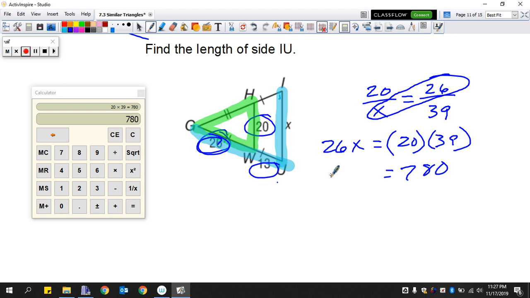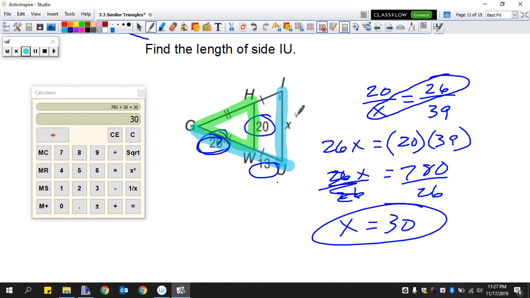And we have 26x, so divided by 26, and cancel out, x is equal to 30. Which would make sense because it's going to be bigger than 20.